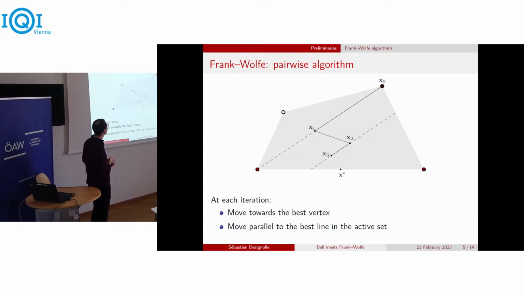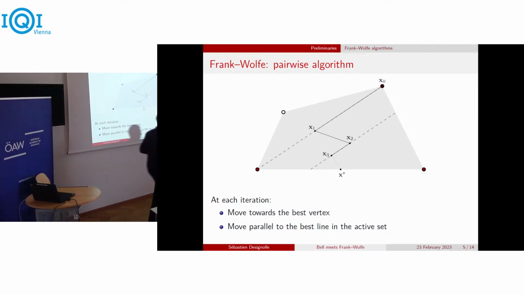So this parallel line, what I'm doing, I can write down formally. I have a weight, let's say P0 on x0 plus P1 on x1 plus P2 on x2. And this is my current iterate. Sorry, I should name them.